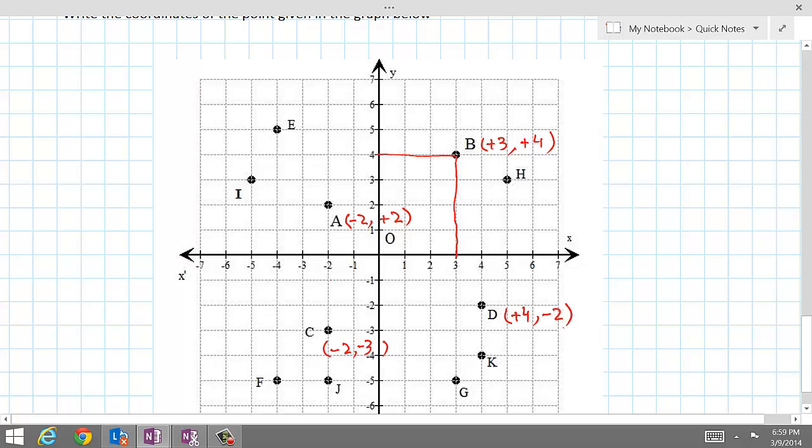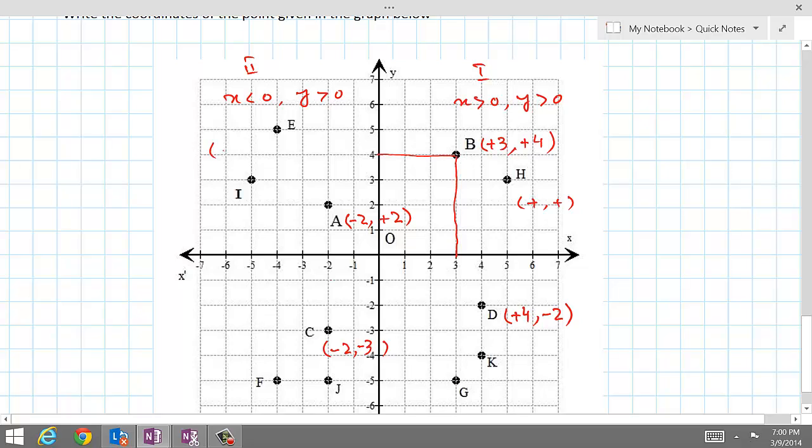Remember that every point in the first quadrant will have x and y both positive. So in the first quadrant, x is greater than 0, y is greater than 0, and sometimes you can also say plus and plus. For the second quadrant, x is less than 0, meaning the abscissa is negative, and the ordinate is positive, y is greater than 0.